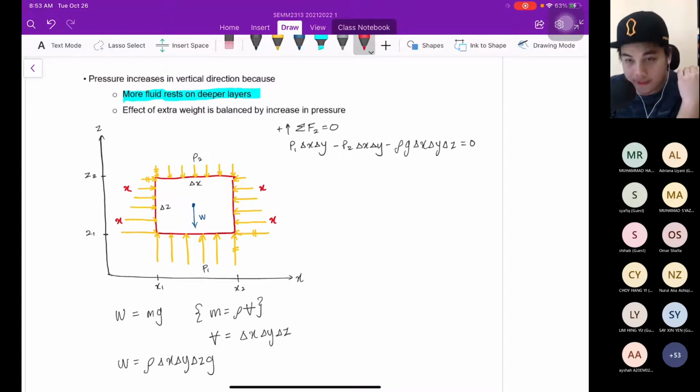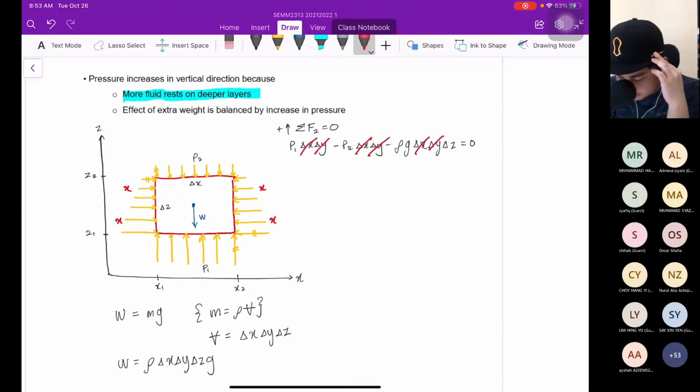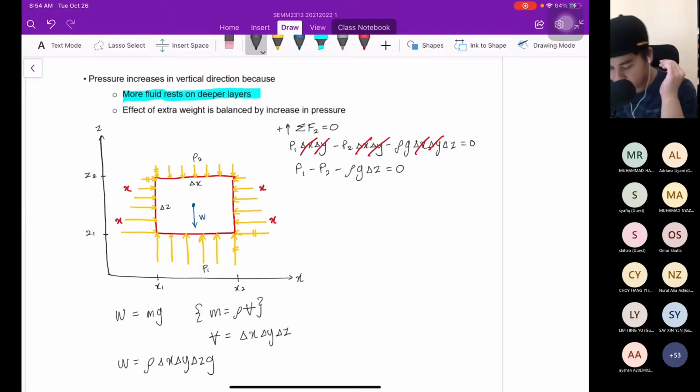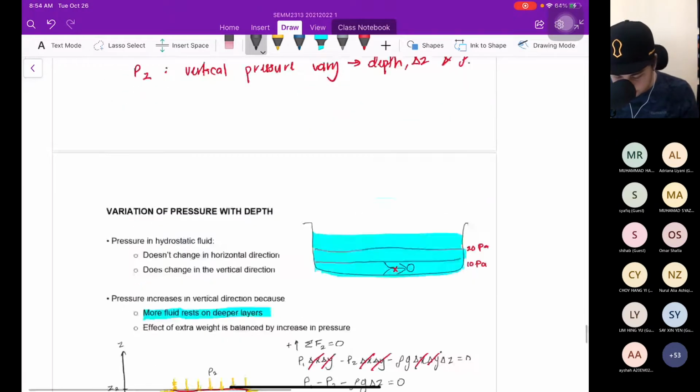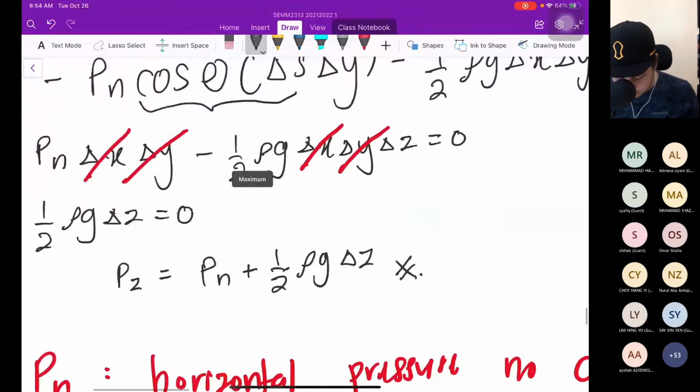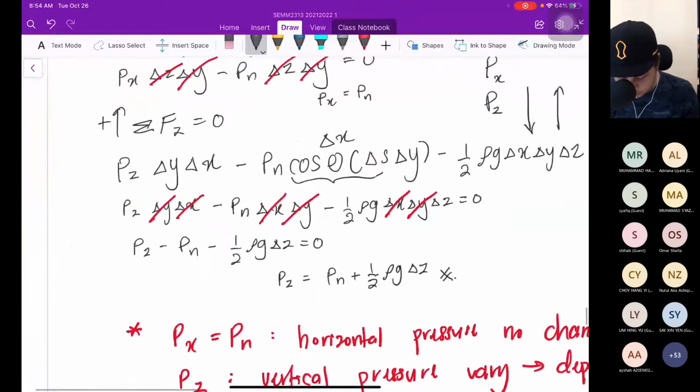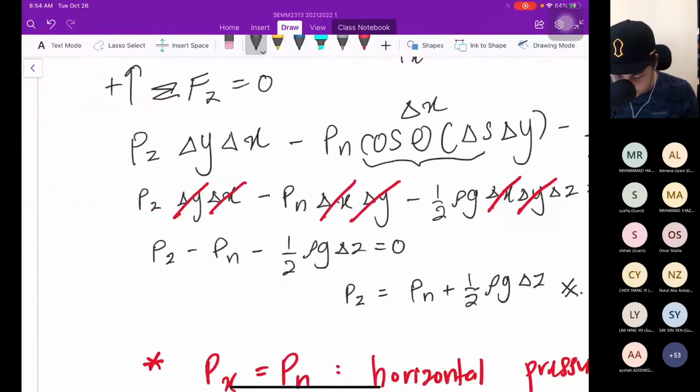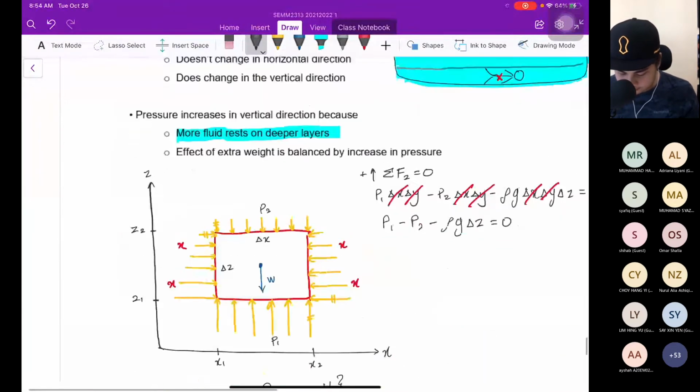Yes, definitely we can simplify delta X, delta Y. Finally, what do we have? P1 minus P2 minus rho G delta Z equal to 0. It is almost the same, right, like this one. Almost the same, but the shape is different.